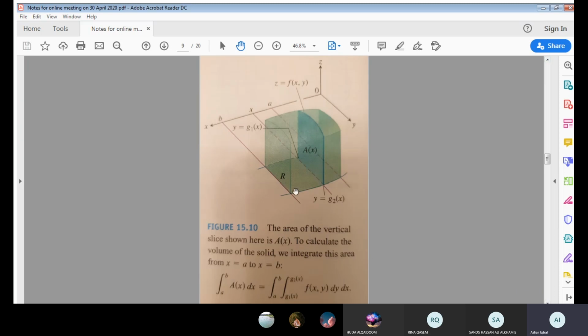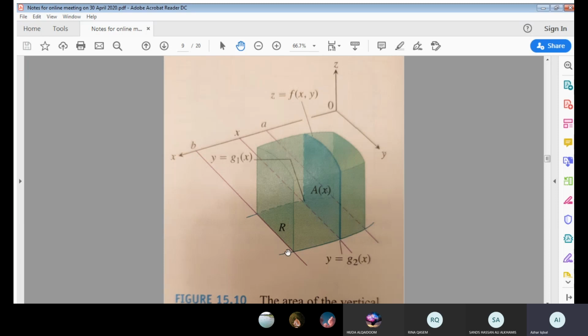So for instance here, this is the xy plane you are looking into, and if I make it a bit bigger, you can see that the region here is bounded by this curve and this straight line and this curve here in the xy plane.